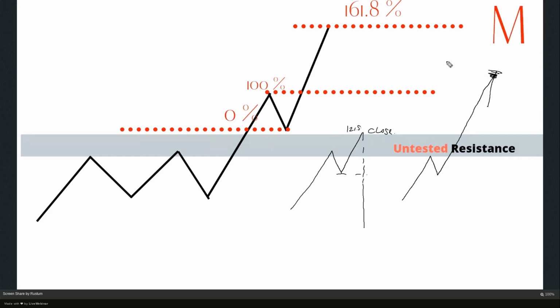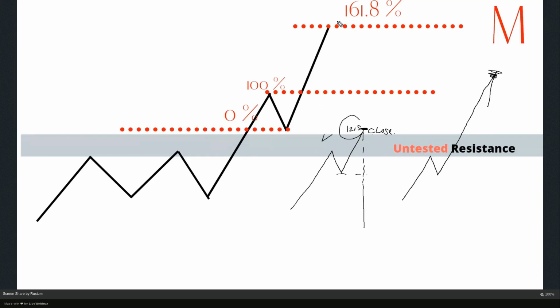So what I'm saying here is to objectify it, so that you're only taking trades when it hits the 121.8 and it's unable to close the prices there. Then this becomes a qualified M pattern.